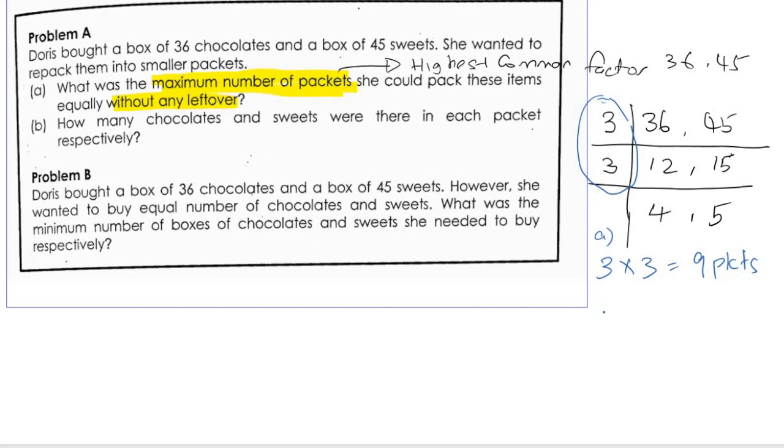For B, how many chocolates and sweets are there in each packet? Very easy. You know that there are 36 chocolates, so you divide by 9. When you divide by 9, you know that each packet will have 4 chocolates inside.